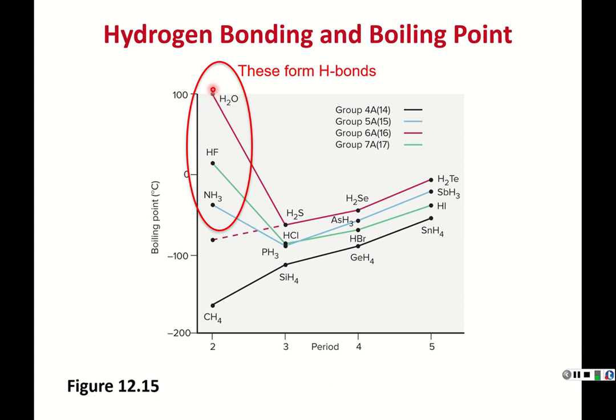Oxygen, when it's bonded to hydrogen, forms the molecule H2O, water. That forms hydrogen bonds, and it has a very high boiling point. If we go down that group to the next lowest element, which would be sulfur, the molecule it forms with hydrogen would be H2S, and its boiling point is much, much lower. Selenium and tellurium follow the same general trend.